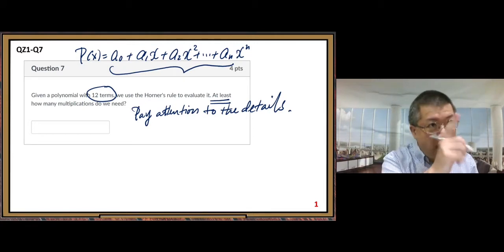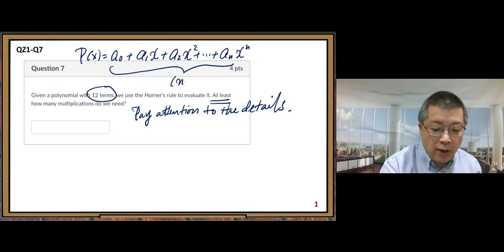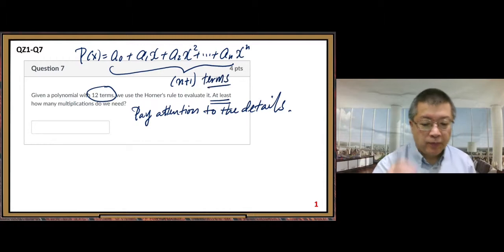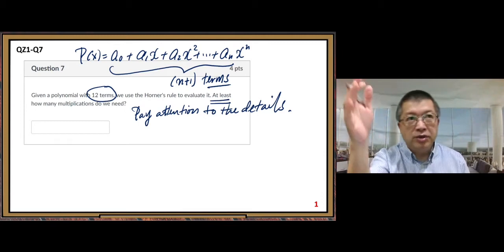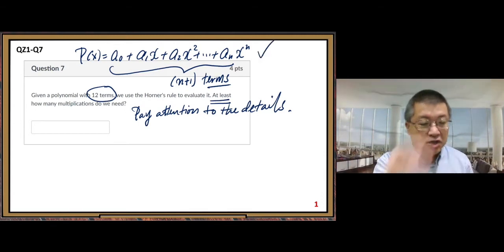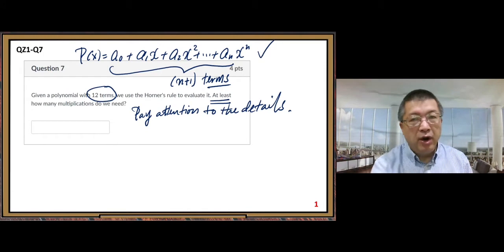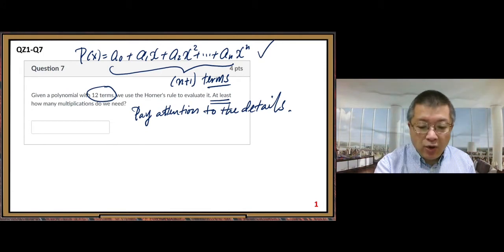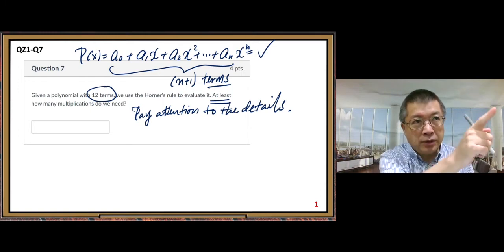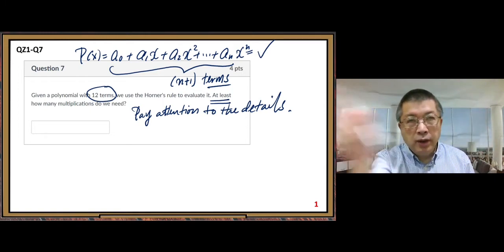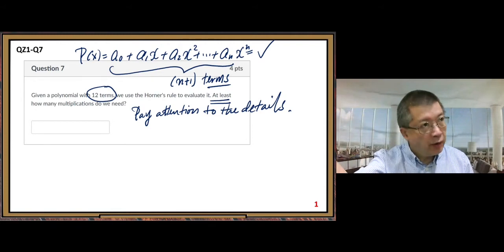So the exact number is n plus 1 terms. The total number of terms if we use this standard polynomial format. So here, the degree number is n. The largest degree number plus 1 equals the total number of terms.